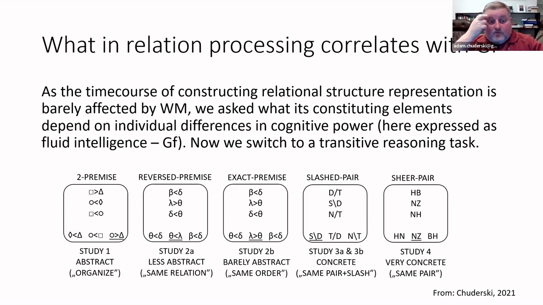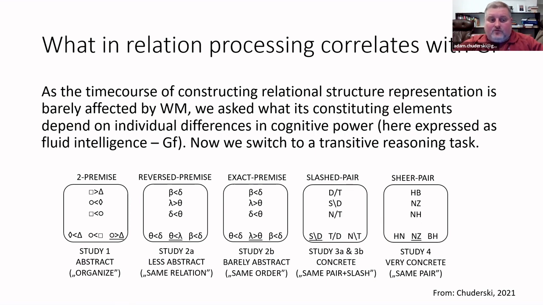So first, we simplified the complexity of the task. I call it the two-premise variant. We didn't ask about extreme objects in this monotonic relation, but only two premises had to be integrated to find the correct response.